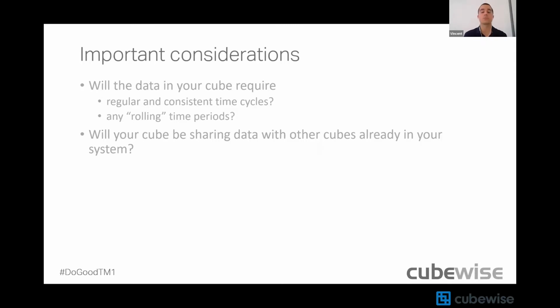First, you need to check with your users if they are relying on rolling time periods. That's very important. If they heavily need something like the last 12 months, next 24 months, this type of rolling time period will be difficult to achieve if you have 1 year and 1 month dimension as separate dimensions.